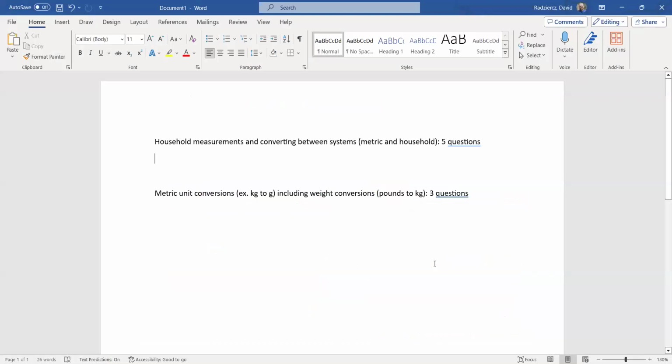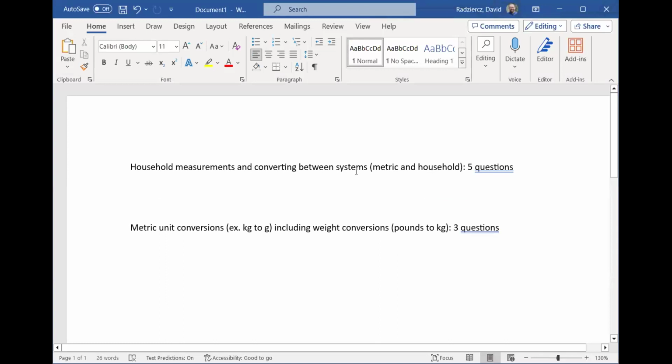What I would recommend doing is going through and creating an outline of the types of questions you're going to see. So on here, I'm going to try and come up with 5 questions that are metric and household conversions. So we're going to specifically focus on metric and household conversions, and then go from there.